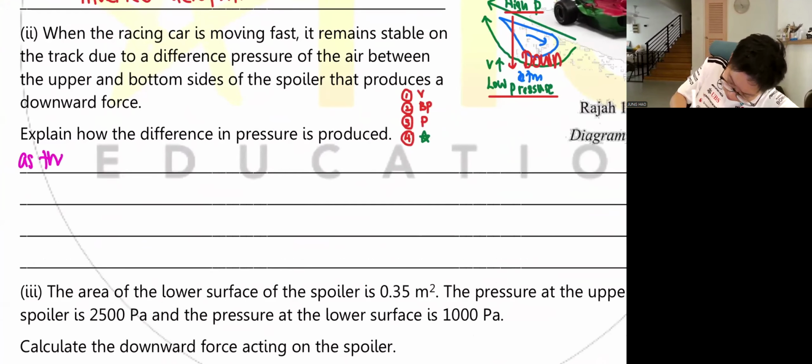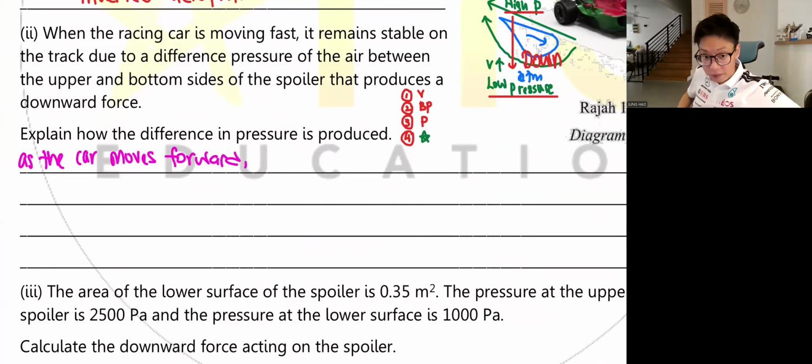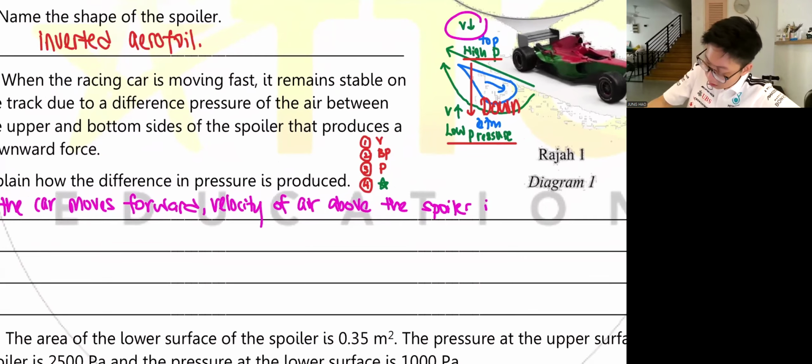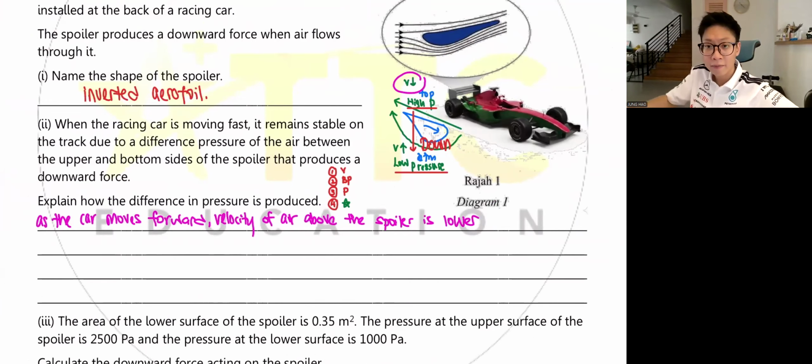So as the car moves forward, you will see that the velocity of air above the spoiler is lower. Because on top is lower, because you want to produce pressure going down. Bottom is curved, so higher velocity.